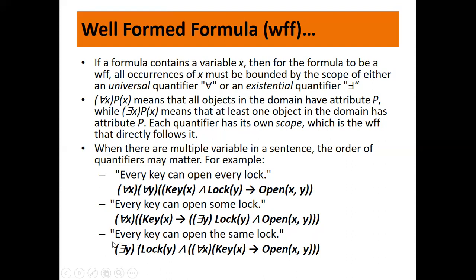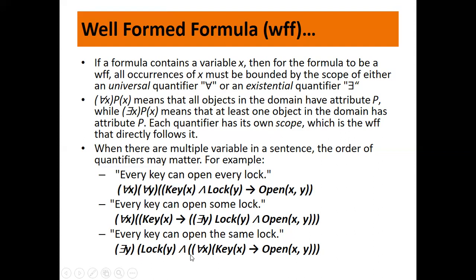Now, the next statement: every key can open the same lock. Here it was every lock, there it was some lock, and now we are saying every key can open the same lock. Same lock means the lock is only one. So here we use existential quantifier y. There is only one lock because we are saying same lock. So y is a lock and y is of type existential quantifier, so there is some lock y.